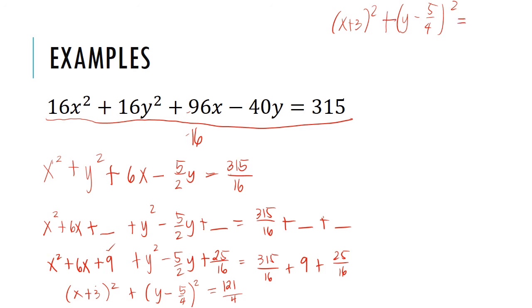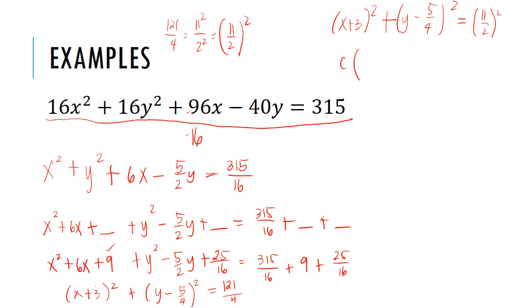Ano yung 121 over 4? Di ba yung 121 perfect square yan? Yung 4 din perfect square. Ang 121 is 11 squared. Ang 4 is 2 squared. So, parehas lang sa 11 over 2 squared. So, 11 all over 2 squared.